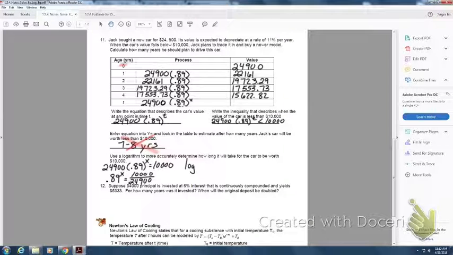What is the base? What is being raised to the power of x?